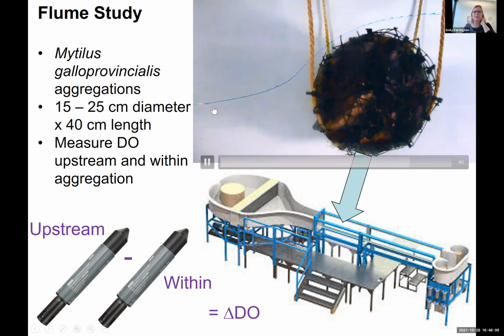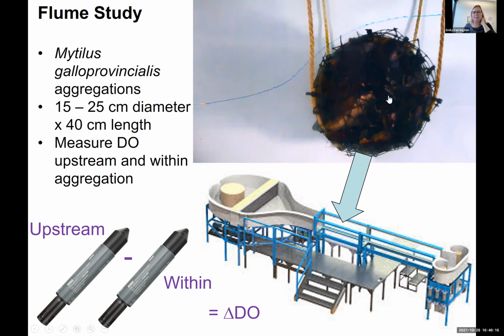Then we ran water past that aggregation and measured the amount of oxygen inside that aggregation relative to what was upstream. These are just HOBO dissolved oxygen loggers keeping track of oxygen. We measured the delta DO, the difference in oxygen, as a function of water velocity.